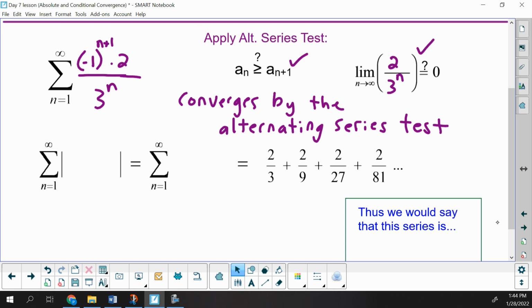So we now want to take the absolute value of that series. So we'll start out by just rewriting what we had there. And that's really saying that without the negative 1. Well, 2 over 3 to the n can also be written as 2 times 1/3 to the n, since 1 to any power is 1.